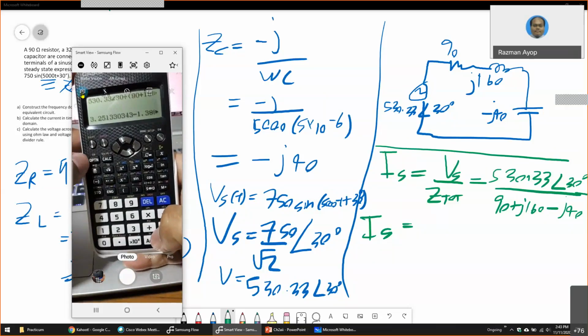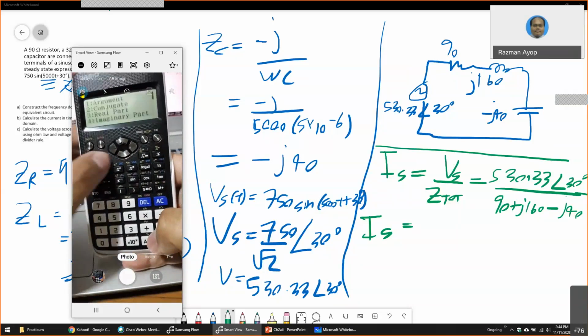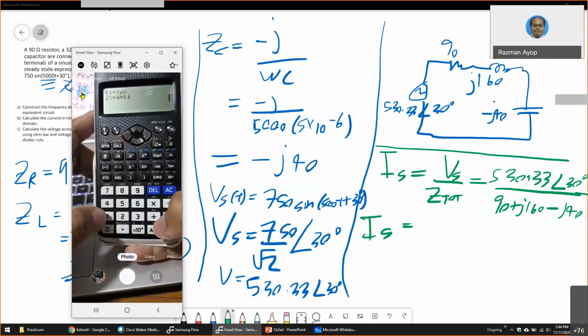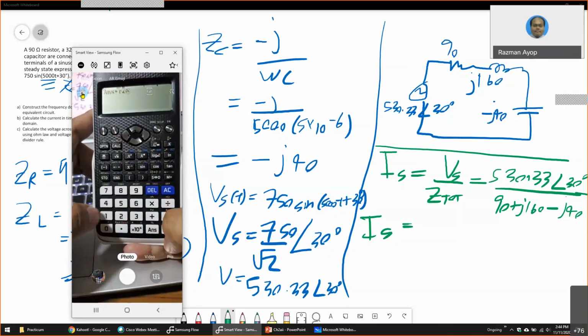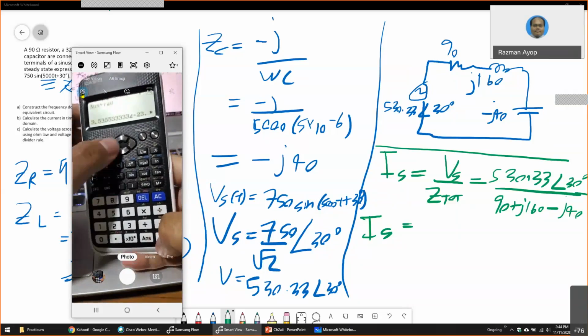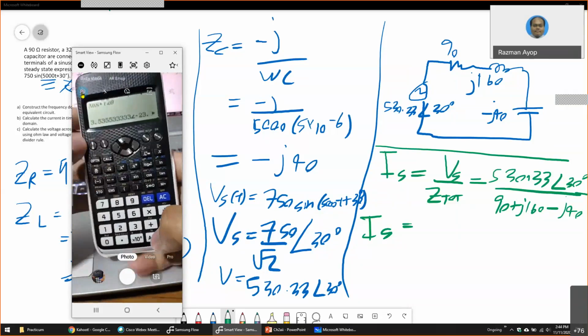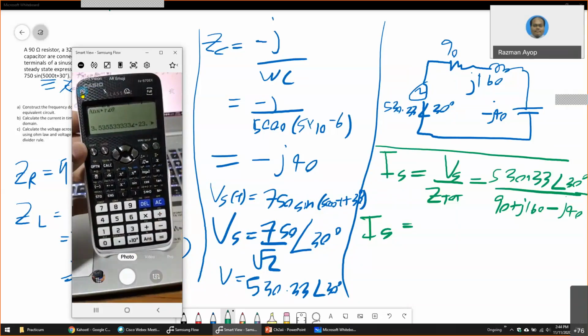So press OPTN, move down and press 1, then equals. You get the answer in this form.